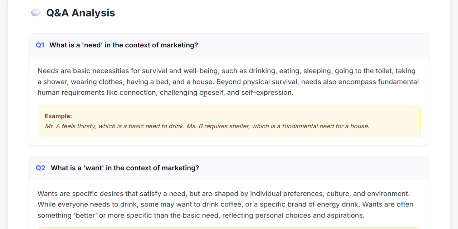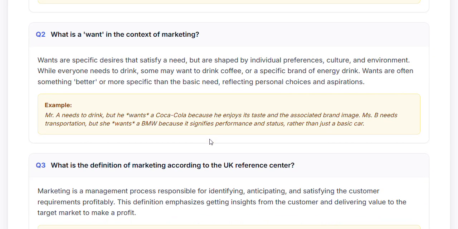Beyond physical survival, needs also encompass fundamental human requirements like connection, challenging oneself, and self-expression. For example, Mr. A feels thirsty, which is the basic need to drink. Mr. B requires shelter, which is the fundamental need for a house.